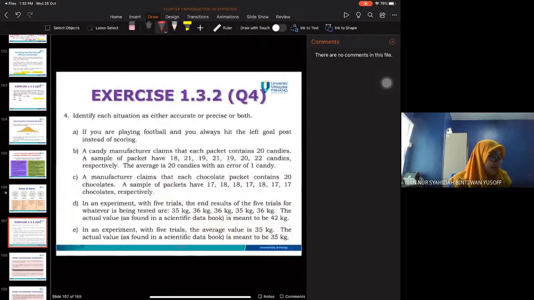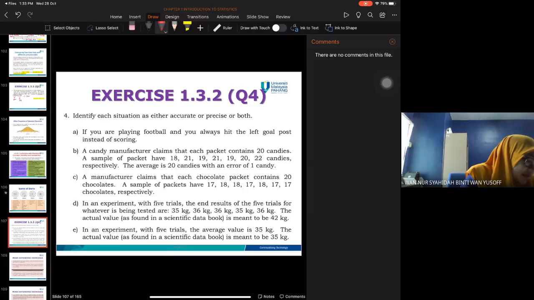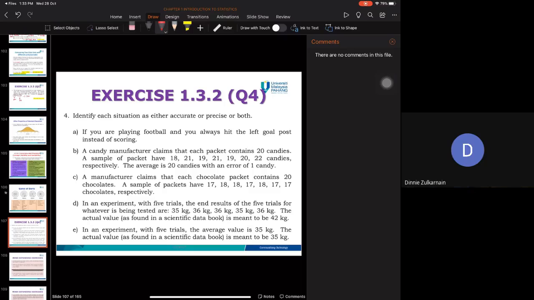And we have the exercise here, whether it is accurate or precise. Number one, just a quick exercise. Number one, accurate or precise? Precise. Okay, precise. B? Accurate.